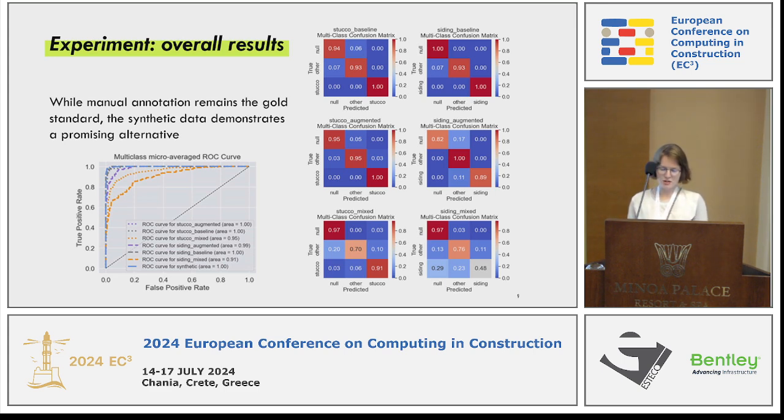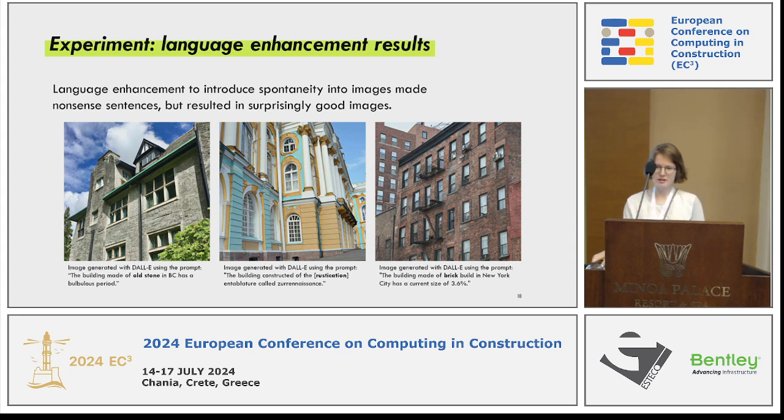So I mentioned earlier that language enhancement was used to encourage diversity in the generated images. This generated sentences from keywords that we gave into the models. There were some surprising results that came from this that I thought would be interesting to share. First were these nonsense prompts that are not grammatically correct, but had surprisingly good images come from them.